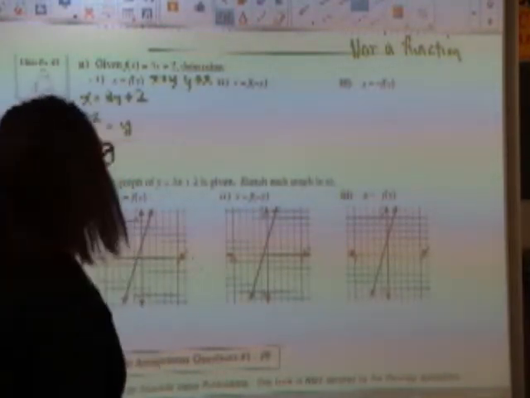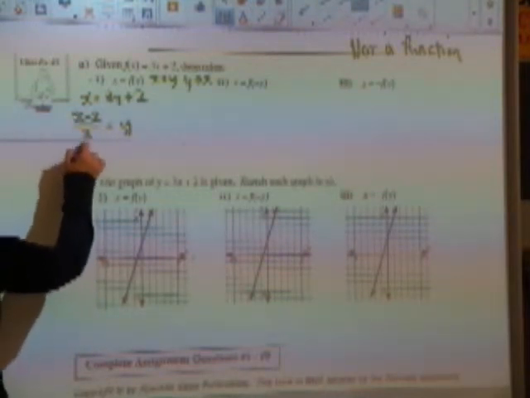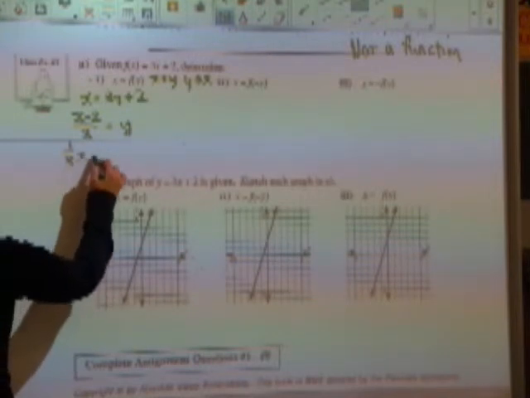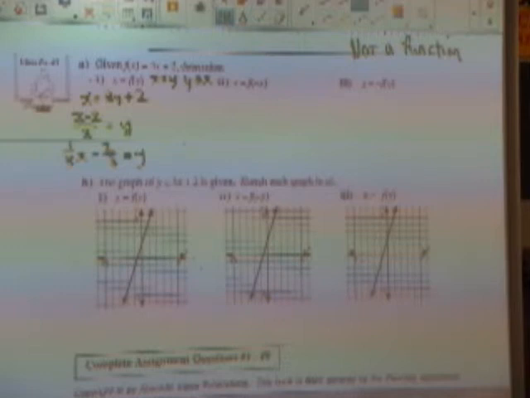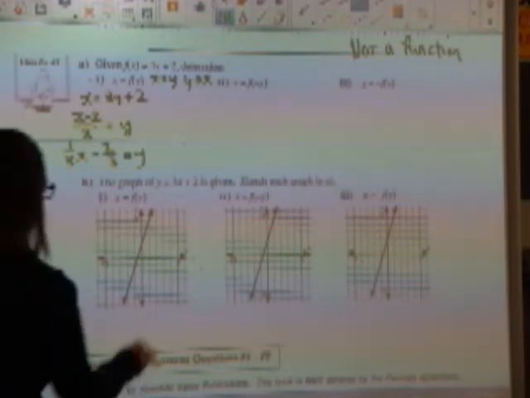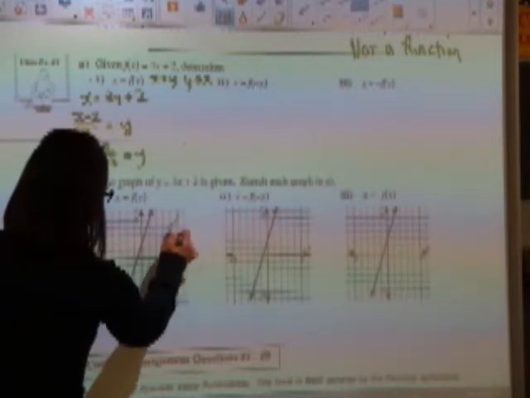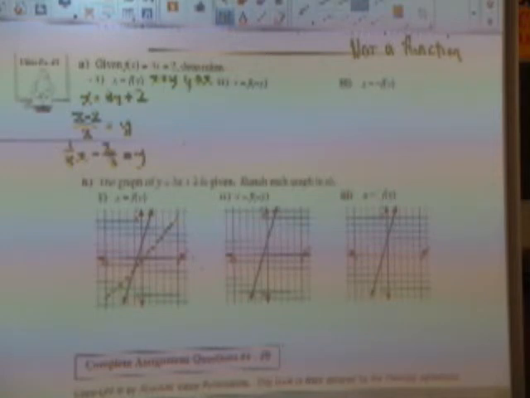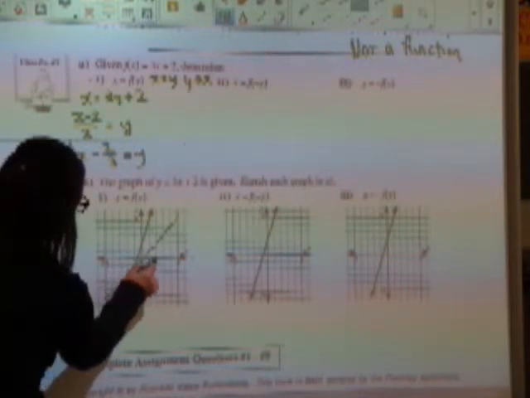If I wanted this in the form of mx plus b, so I wanted the top two terms separated, I would have 1/3 x minus 2/3. To draw my graph, again, I want to have that reflection line that I can see, and then I pick coordinates that I can see, like this 0 and 2 was going to become 2 and 0.